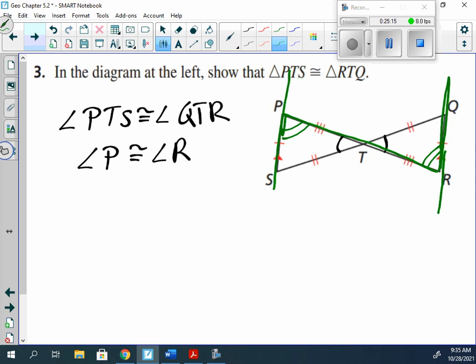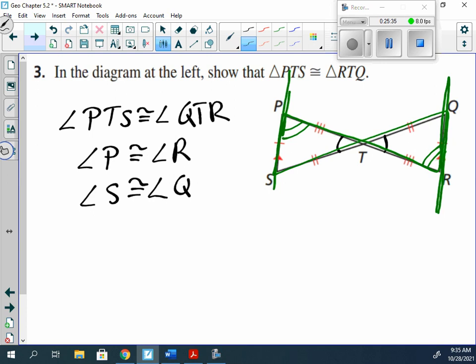Alternate interior angles, yes? Because these would be alternate interior angles. Well, wait a minute. Can't we say that the same way with S and Q? Because they're alternate interior angles as well.